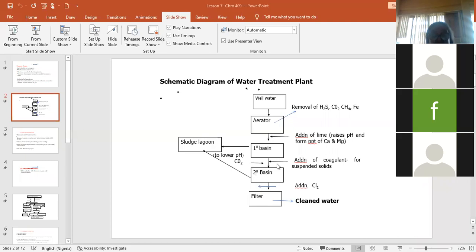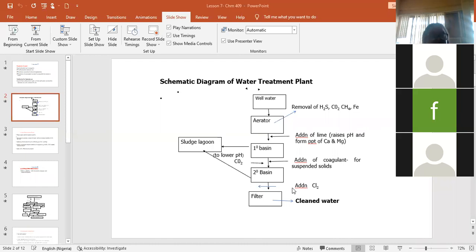And what we now have is the cleaned water. And it's this clean water that we now add chlorine to. And then we have the filtration. Sorry, if I try to move this, you won't be able to see. This arrow is supposed to really be here, all right? So we add chlorine to it.